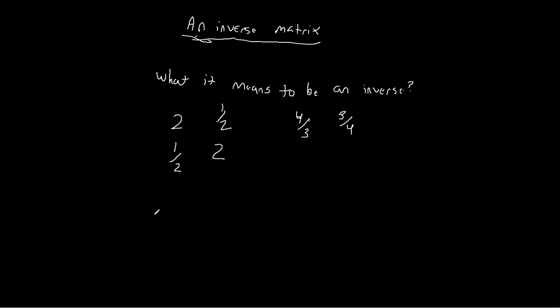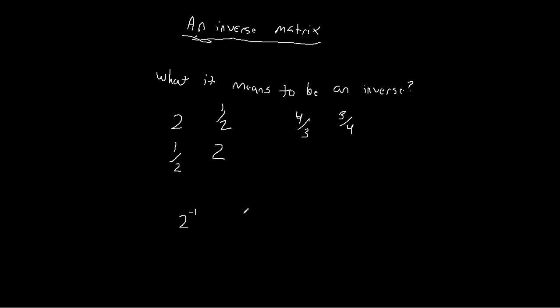But I want to propose a different definition of an inverse. Actually, before I do, let's do a quick piece of notation. If you want to get the inverse of something, say the inverse of 2, you would put 2, and then to designate that you're talking about the inverse, you put a -1 there.